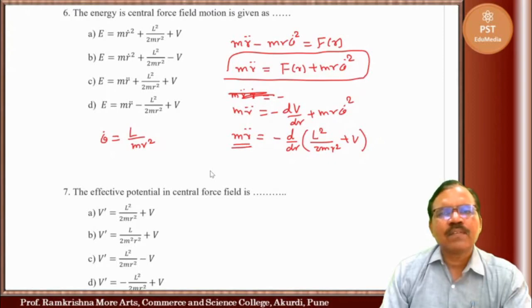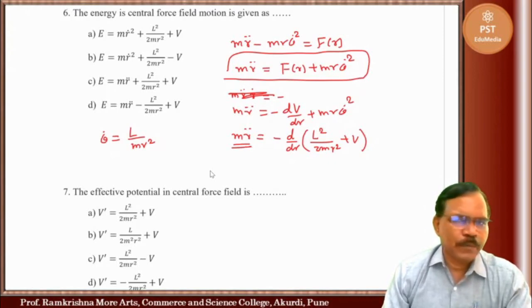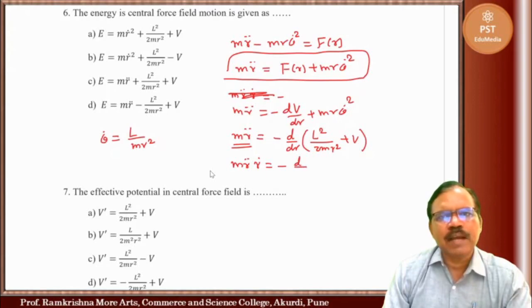And this one we can write, so if we multiply m r double dot into r dot, it is equal to minus d by dr of L square upon 2m r square plus v into r dot.